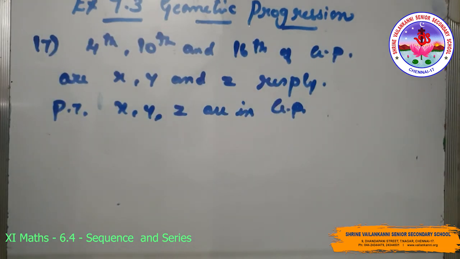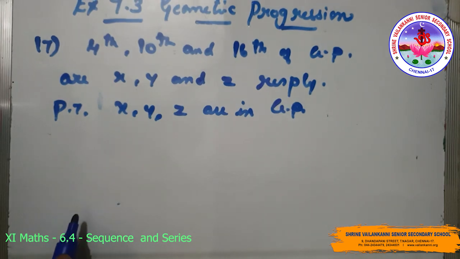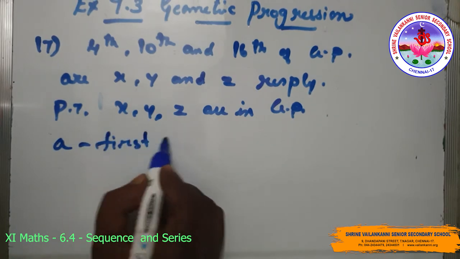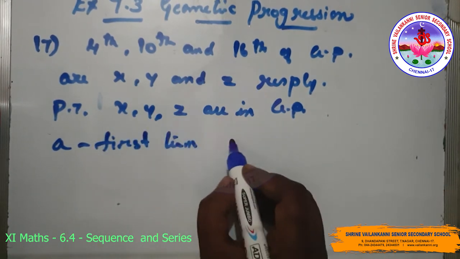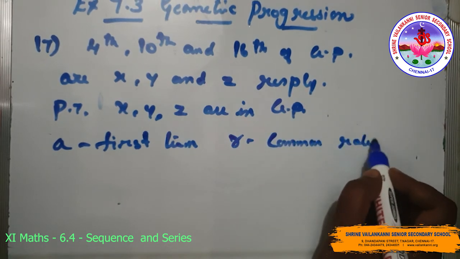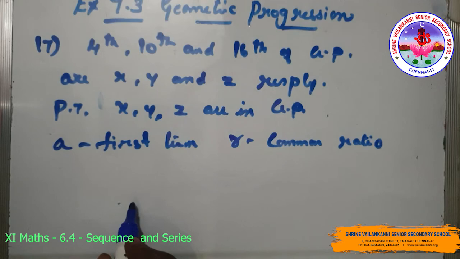17th question: if the 4th, 10th and 16th terms of a GP are x, y and z respectively, prove that x, y, z are in GP. So let A be the first term and r be the common ratio of the GP.